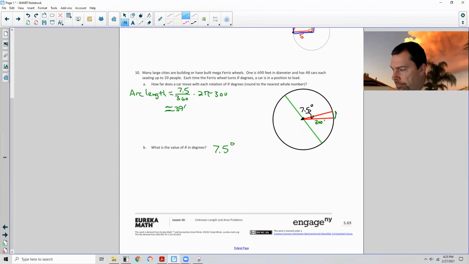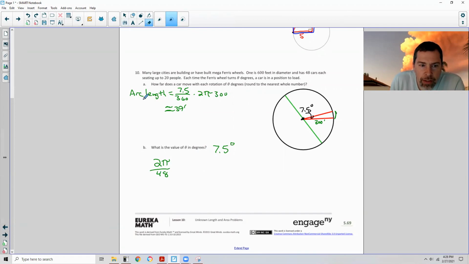Another way we could have done it, though, is a full rotation of a circle is 2 pi. So if I took 2 pi and divided it by 48, that is radians. So I multiply it by 180 divided by pi.